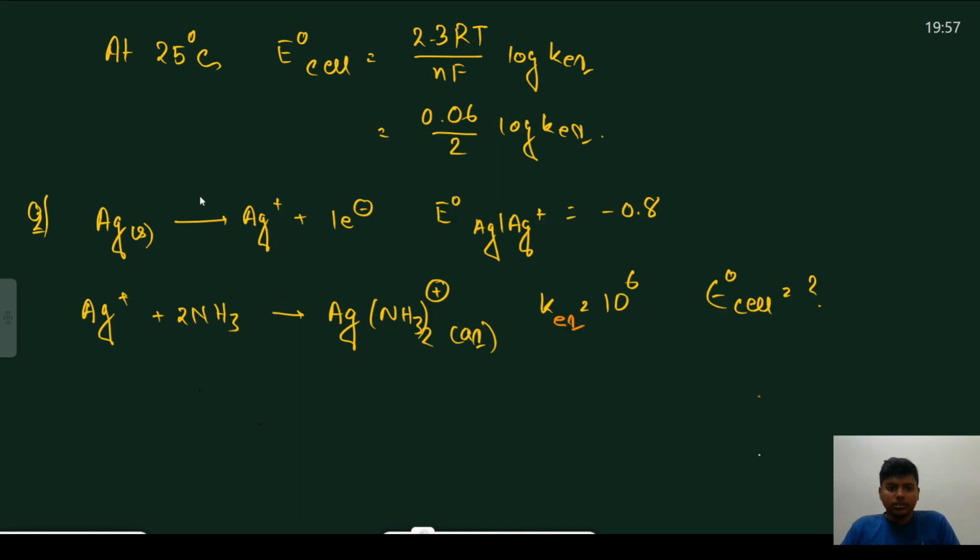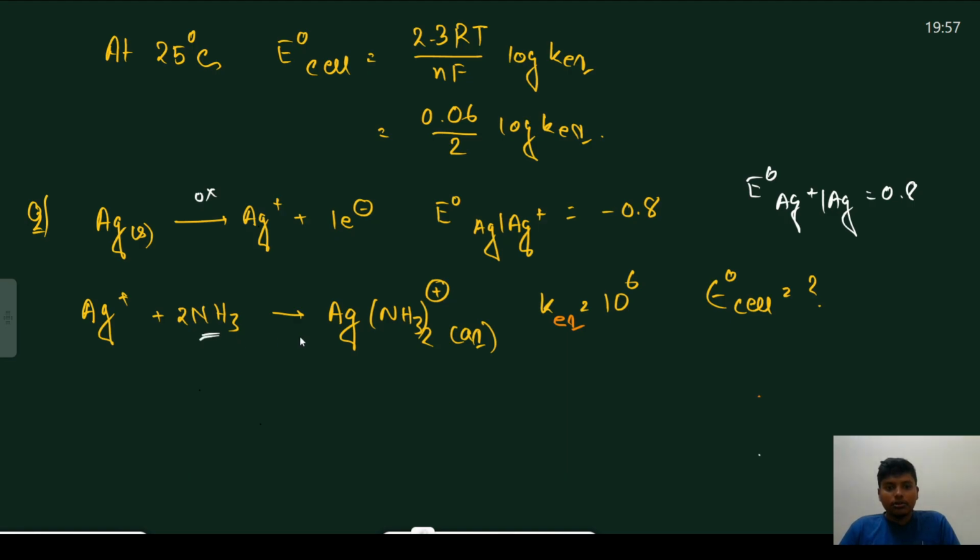Oxidation. Okay. Oxidation potential given. So what will be the reduction potential? E naught of Ag plus to Ag, that will be 0.8. Yes or no? That will be the reduction potential.